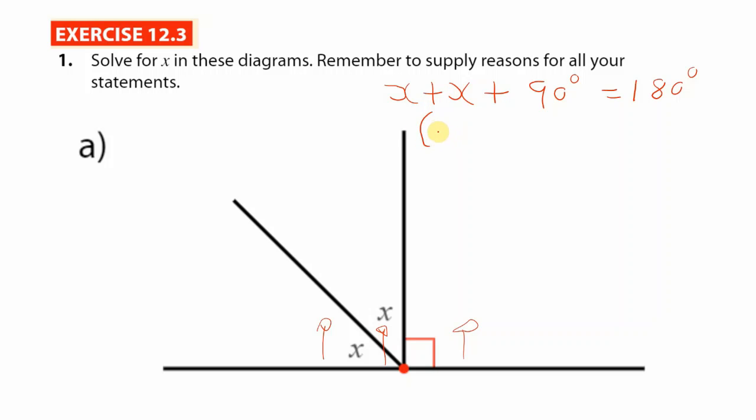So in brackets, our reason is angles on a straight line, STR for straight line. So now that we have our equation, we know how to solve it. On the one side we have the variables or letters of the alphabet, on the other side we need the numbers. So let's keep the letters on the left hand side.